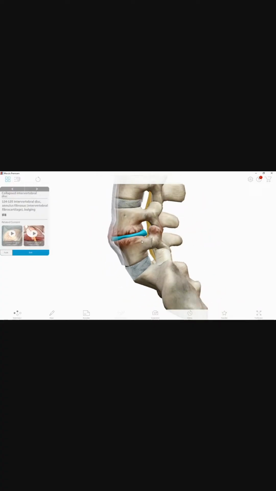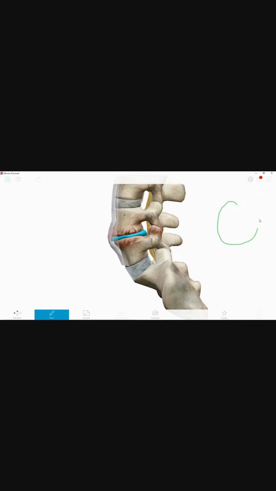Your disc has two parts. The outer part is called the annulus fibrosus, and the inner part, the gel portion, is called the nucleus pulposus. The nucleus pulposus is the gelatinous portion of the disc. Let me draw it out for you. We have an outer layer and an internal layer.